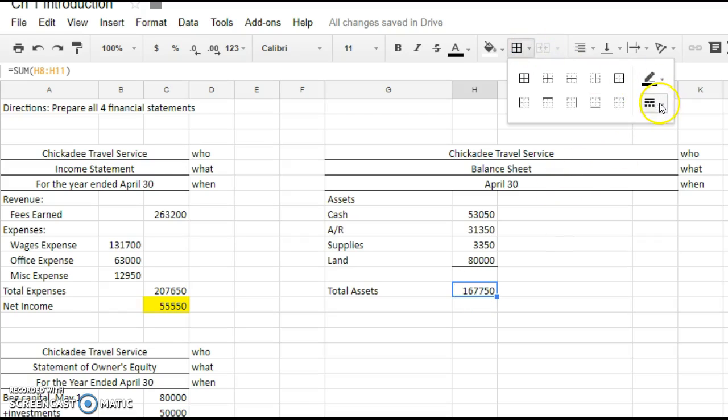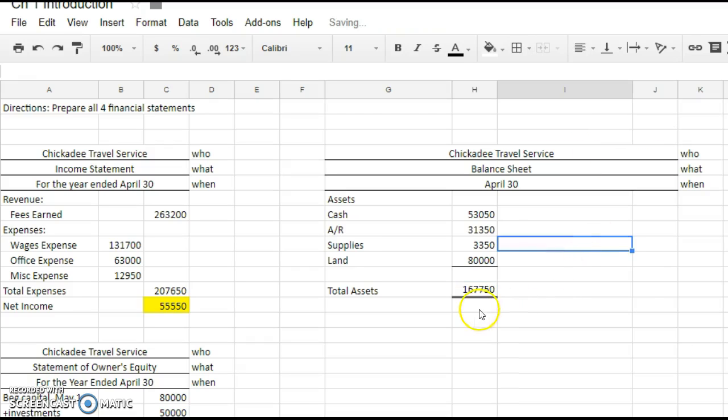This will be a little tricky because I'm done with my total assets. I'm not going to do anything else to it, so I do have to change this to a double line and put that at the bottom of this. So hey, I'm done with that number. I am not going to use it anymore, and I probably should have showed you how to do that on the income statement and the statement of changes in owner's equity, so we'll probably go back and do that in a second.